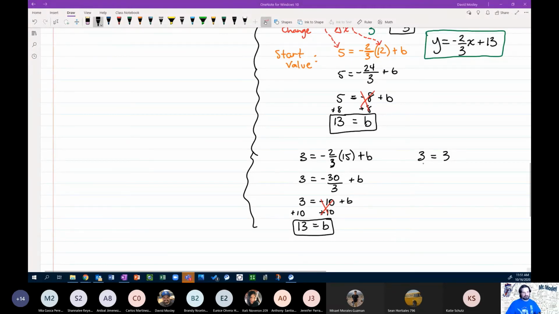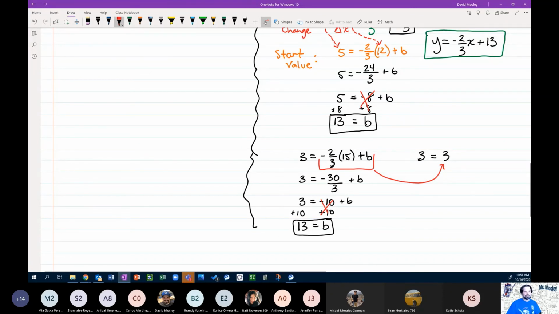So like Mr. Morales said, this equation is 3 equals 3. It needs to be 3 equals 3. All of this needs to equal 3. Otherwise, it is not equal. Otherwise, we have what would be called a false statement. It's not true.